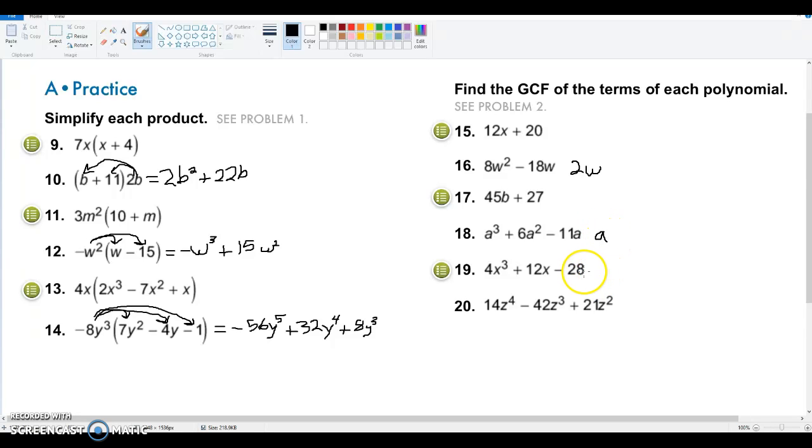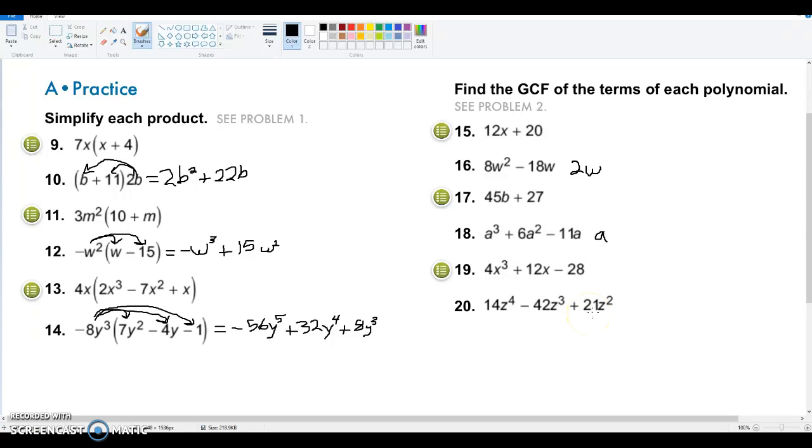Okay, pause it, try to work out number 20 by yourself. When you're ready, restart. So number 20, we have 14z to the fourth, 42z cubed, and 21z squared. Alright, so going over our divisibility rules. 14 is divisible by 2, and so is 42, but 21 is not.